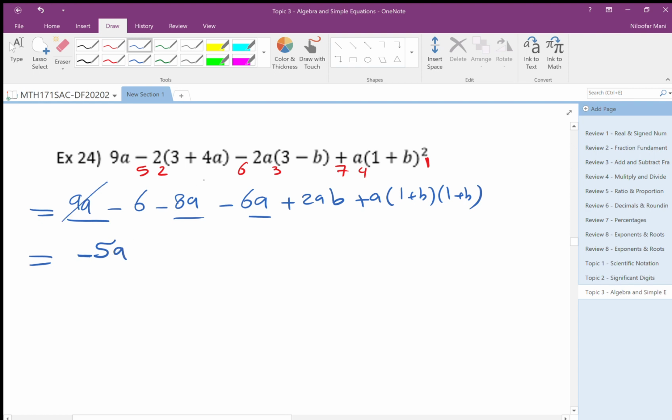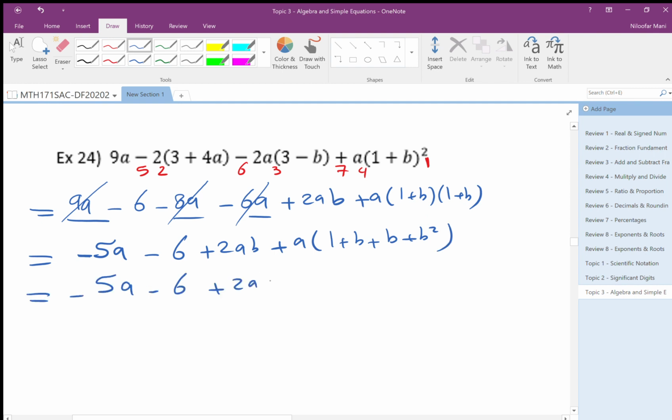Okay, so minus 5a minus 6 plus 2ab plus a times 1 plus b plus 1 plus b plus b squared, equal. So it's minus 5a minus 6 plus 2ab plus a times 1 plus 2b plus b squared.